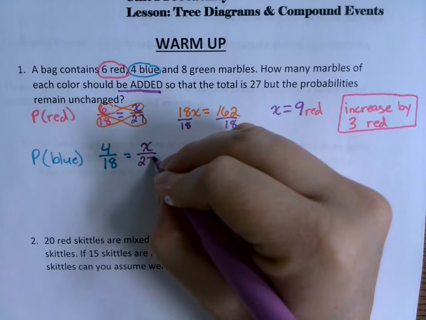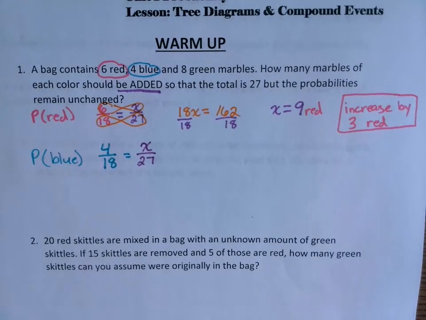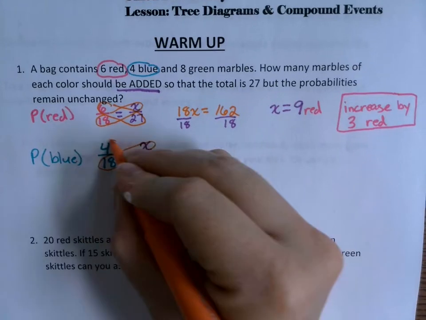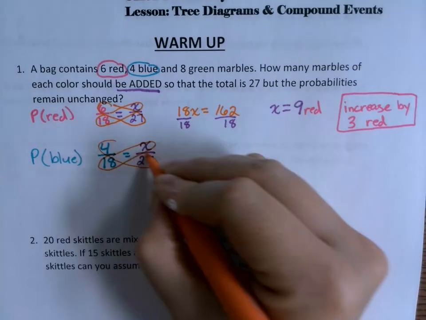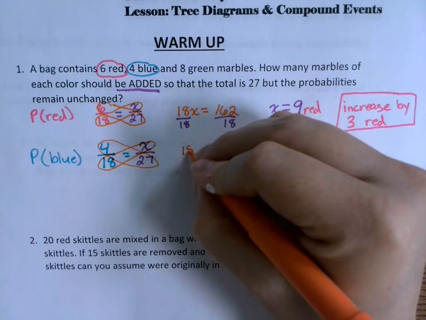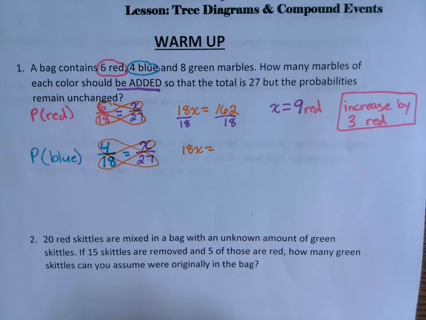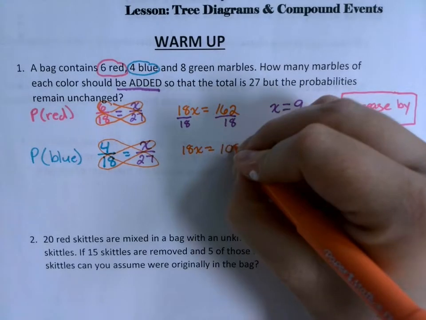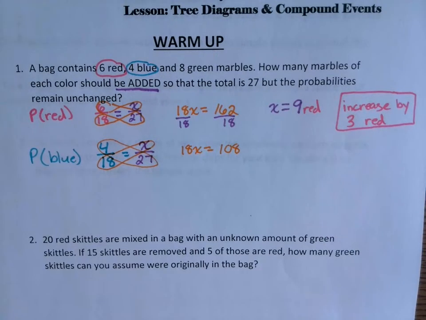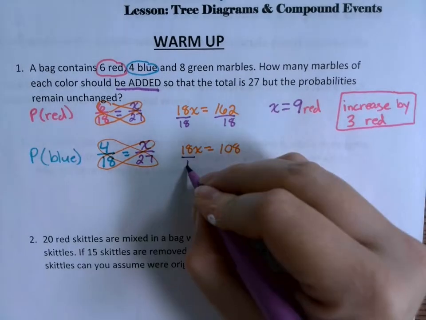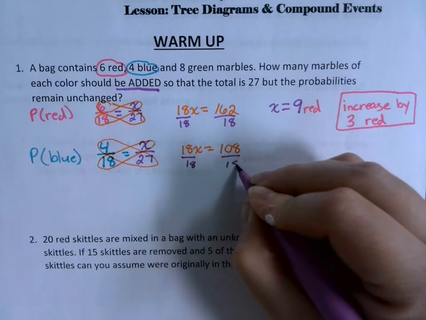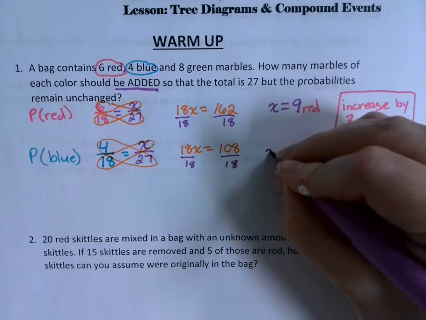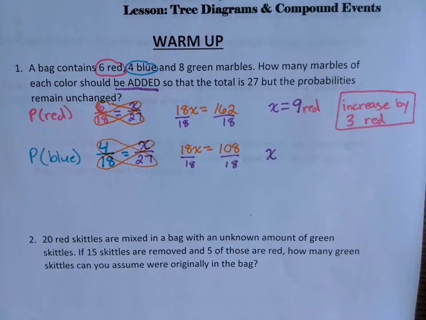So again, cross product, we're going to do 18 times x to get us 18x. We're going to do 4 times 27, that comes out to 108. And then we just divide both sides by 18. In doing so, we find out that the new value of blue is going to be 6. So we're going to have 6 blue marbles.